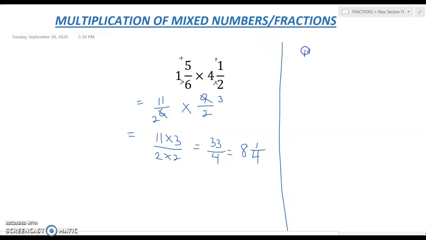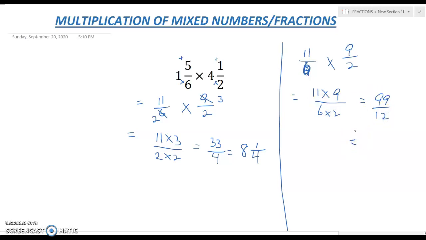Just for those who don't really understand that whole simplifying, crossing off thing, I'm just going to rewrite the two improper fractions here. Sorry, that should be 6. You just multiply across, 11 times 9 and then 6 times 2. So you get 99 over 12.